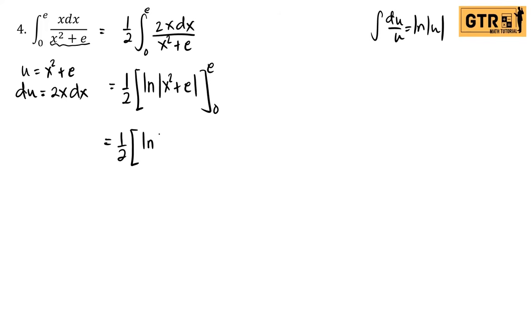So we have ln of, sorry, this will be ln of e squared plus e, minus ln of x squared. Oh, sorry, x should be substituted with 0, so 0 squared plus e. Then simplify.